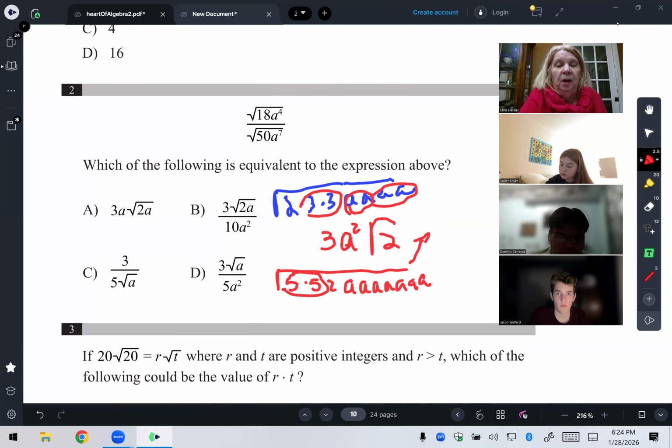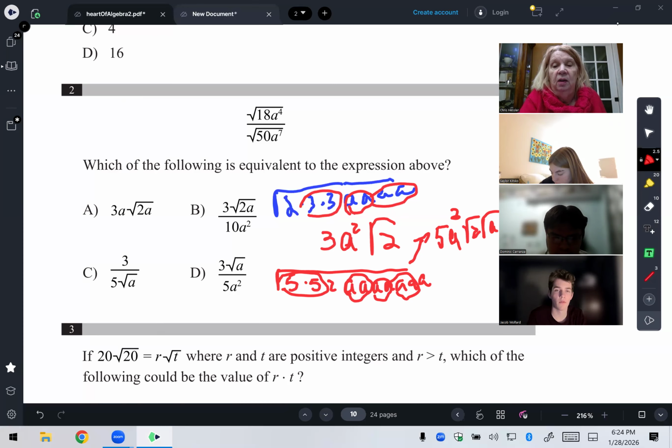So we take out a pair of 5s and 3 marriages of a's. So we get 5a cubed, with a lonely square root of 2 and a lonely square root of a that didn't have anybody to match.